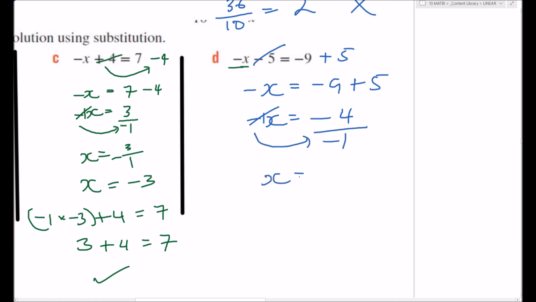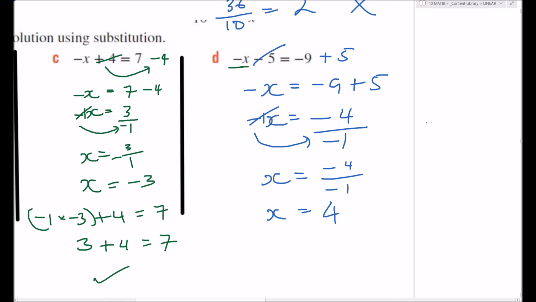So you're left with x equals negative 4 over negative 1. Now if you simplify that, the negatives put together make a positive, and 4 divided by 1, you're just left with 4.